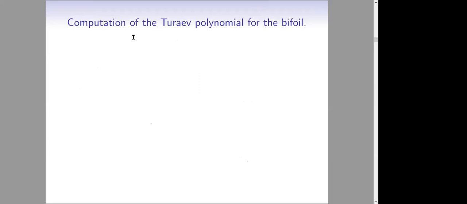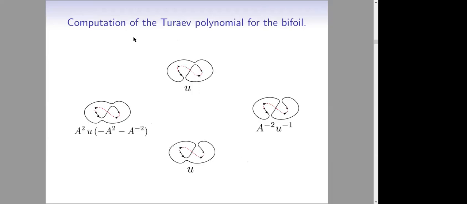So here is the bifoil. This is the knotoid that I drew in the beginning, oriented like this. Let's say this is crossing number 1, this is crossing number 2.